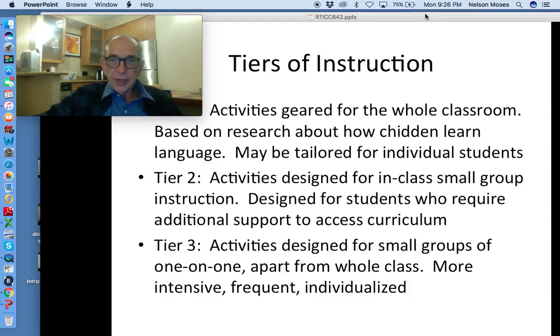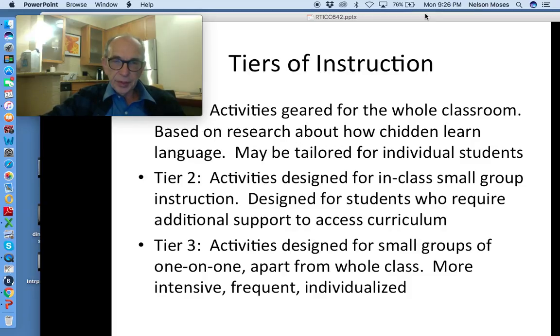At Tier 3, that is, Tier 3 applies to children who are in fact now in a special classroom for children with special needs. These are kids who have an IEP. Tier 1 and Tier 2 activities deal with children who do not have IEPs.